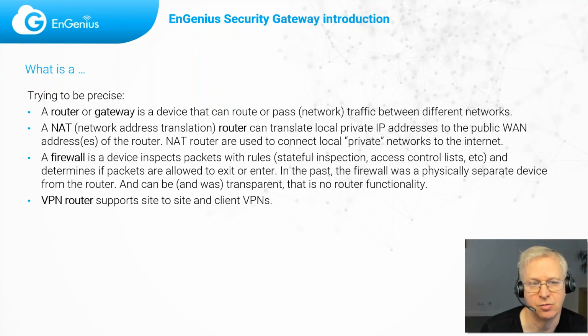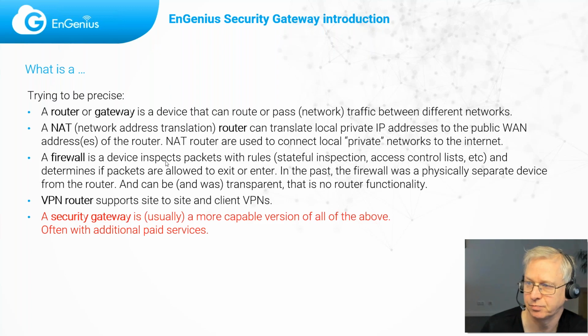Next, we have a VPN router. Again, if you have a normal router or gateway, you may assume that it also is able to do VPNs and firewall stuff and NAT, but essentially it doesn't need to. A VPN router is just supposed to route VPNs from one side to another, and it can have all of the above, but not necessarily.